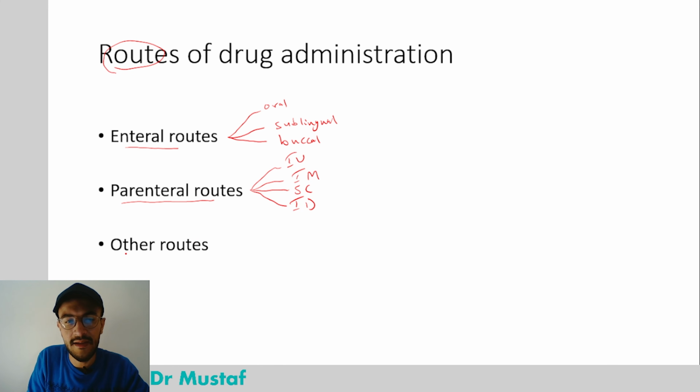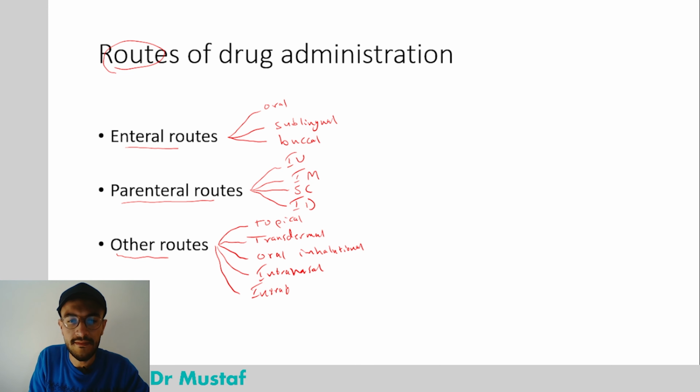And we also have other types of routes. Those include the topical route, the transdermal route, the oral inhalational route, the intranasal route, and we also have the intrathecal slash intraventricular routes, and we finally have the rectum route, which is PR.